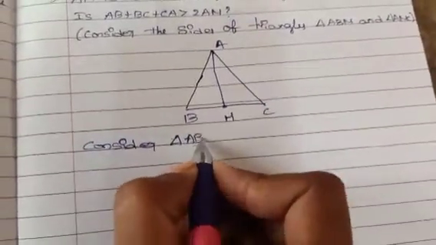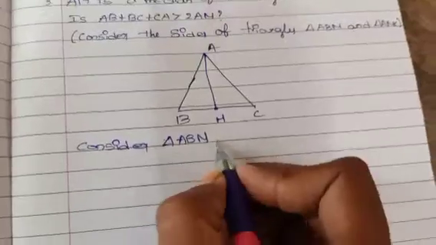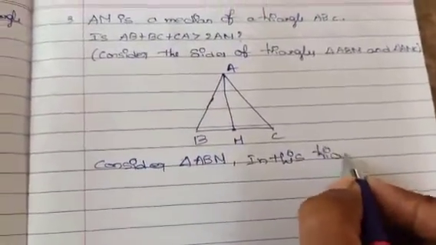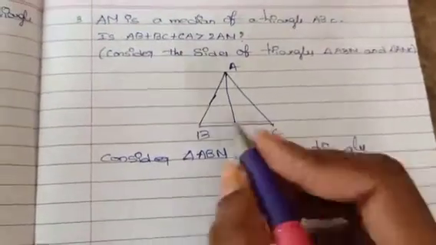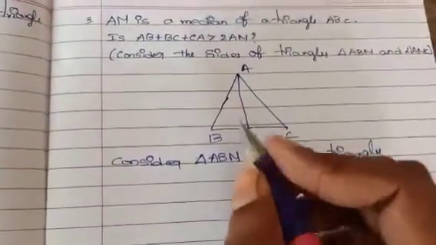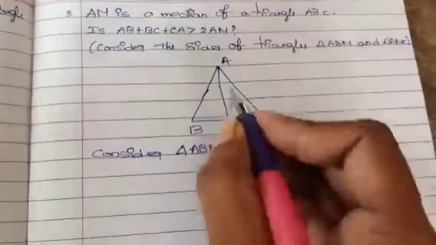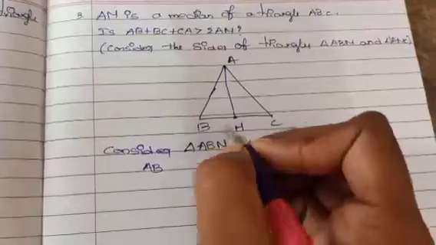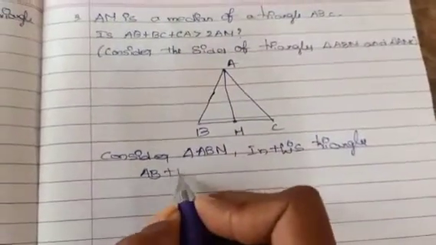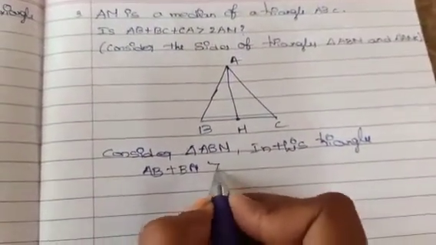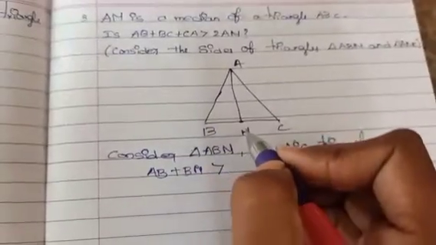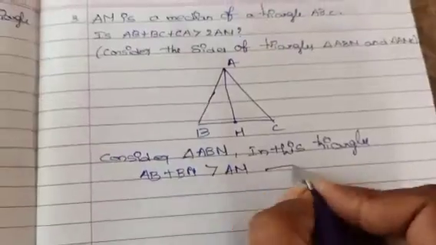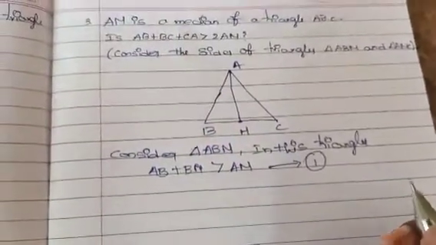In this triangle, two sides are greater than the third side. So AB plus BM is greater than AM. We will take this as one equation.